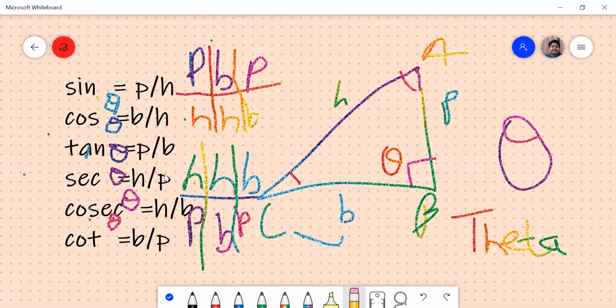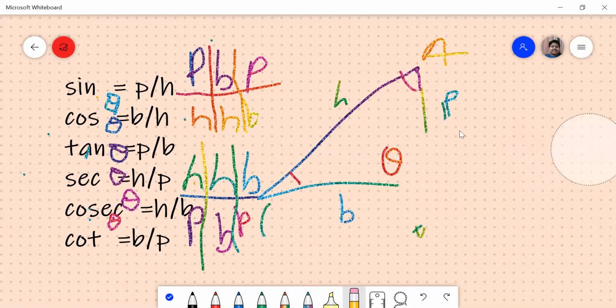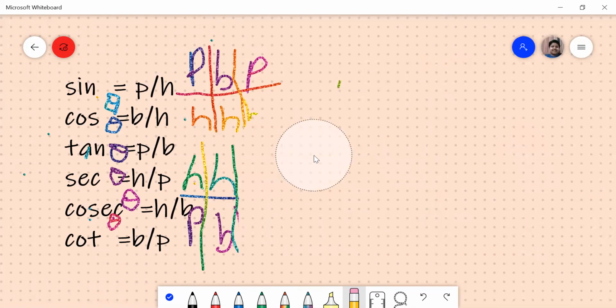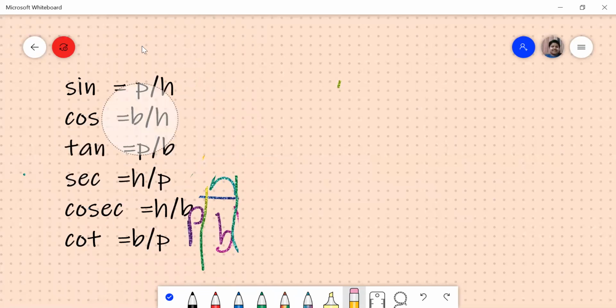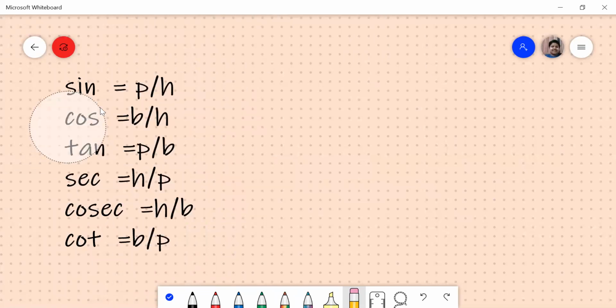Okay, so let me erase everything except the formulas. Just write theta after all this. Here, theta, theta, theta, theta, everywhere. Okay. So now let's move on.